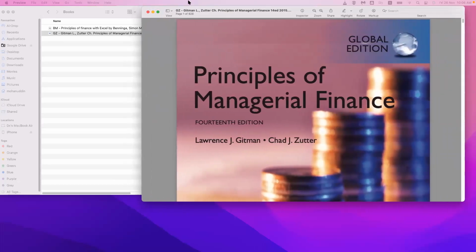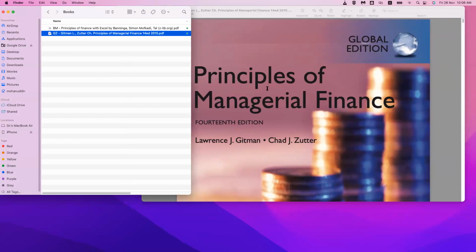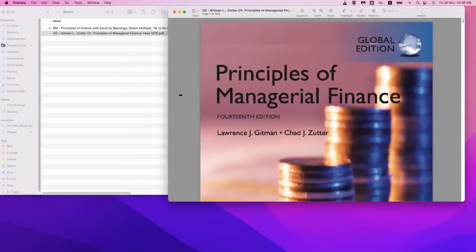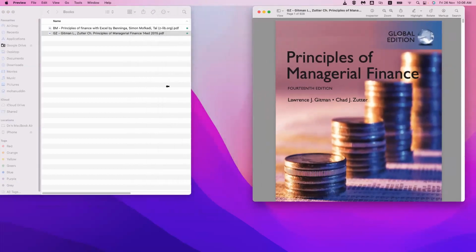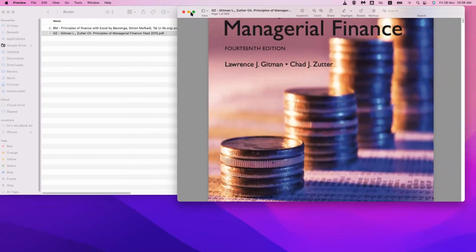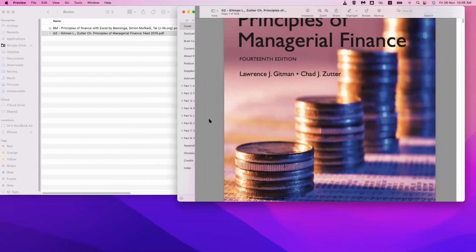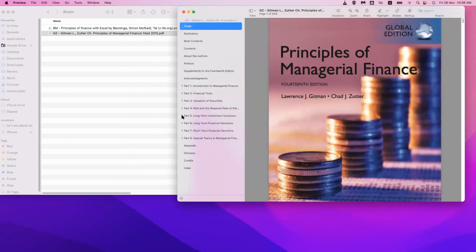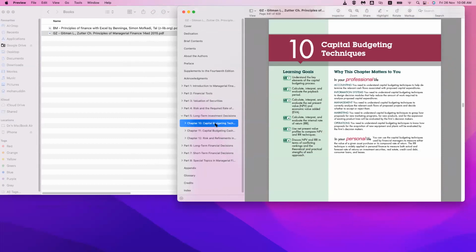This is your book for theory, for the concepts. If you go to the table of contents, you will find that under part 5, we have chapter 10, which is about capital budgeting.